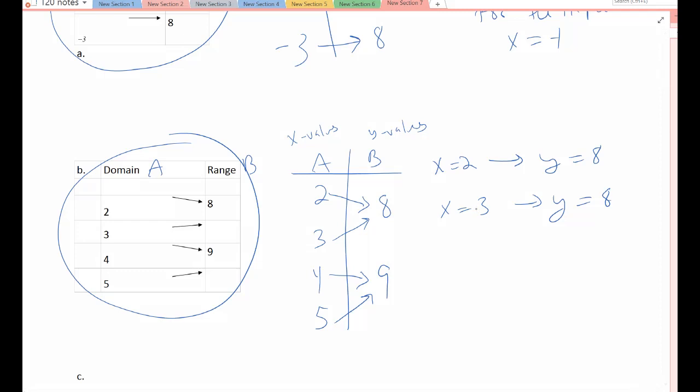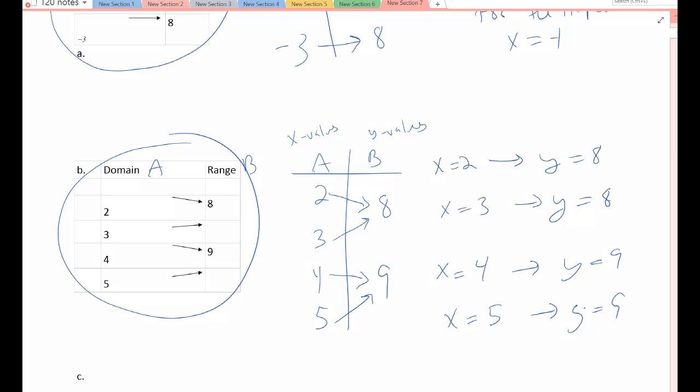When I plug 2 in, I get 8 out. When I plug 3 in, I only get 8 out. And so it's fine. And the same thing with the 4 and 5. When I plug the x value 4 in, I get the y value 9 out. When I plug the x value 5 in, I get the y value 9 out. Again, the x value 4 gives me 9, the x value 5 gives me 9, but they're only giving me one number, right? There's only one number paired with the x value 4.